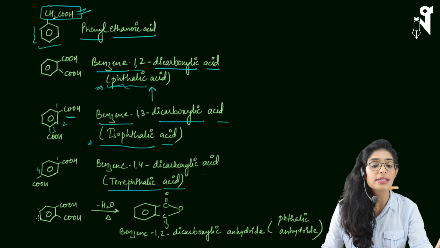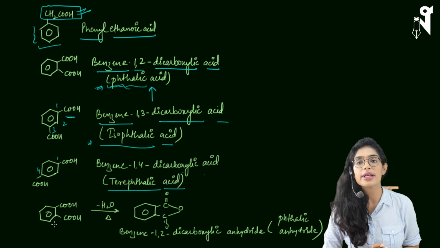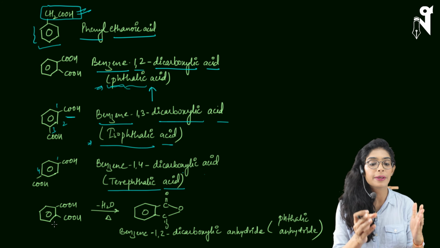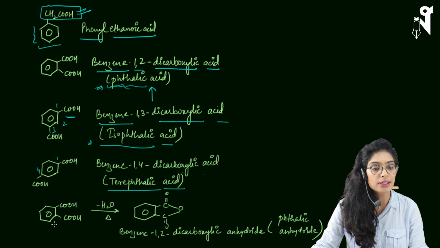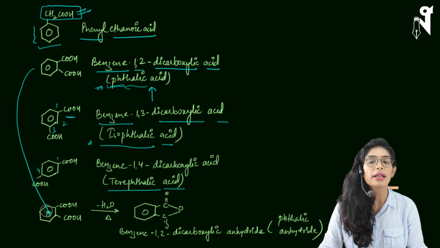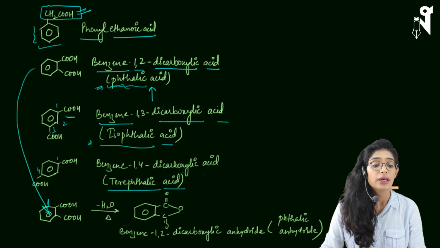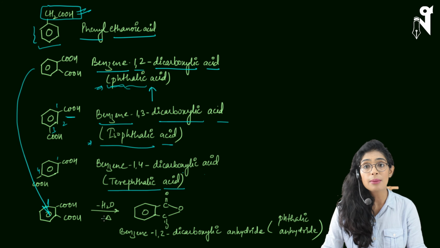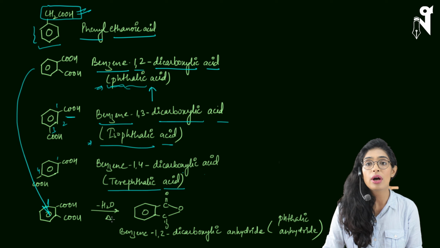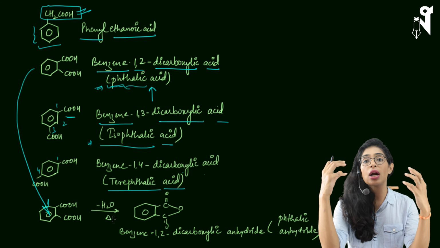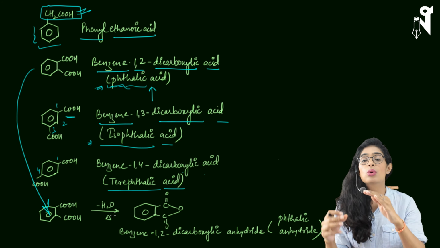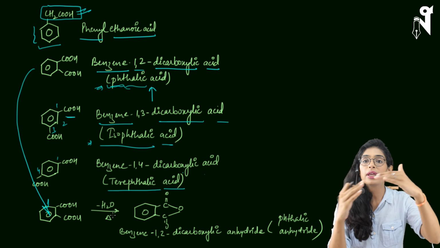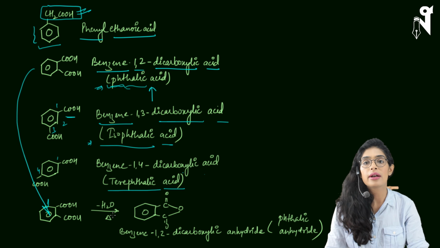Now we have understood how anhydrides are formed. If I take phthalic acid over here and try to form its anhydride, we have to heat it up. How exactly does the anhydride formation take place? Of the two carboxylic acids, one loses hydrogen, another loses OH, and then they combine, and that's how anhydrides are formed.